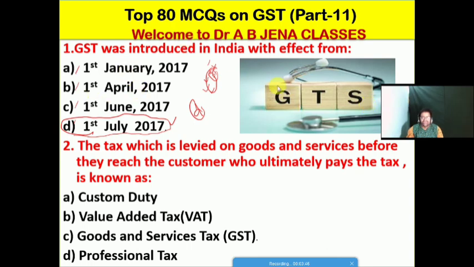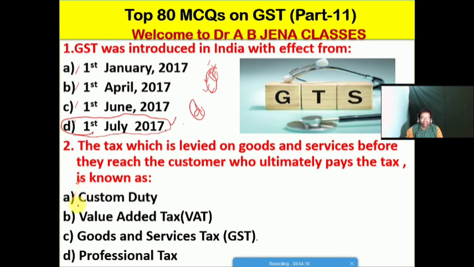GST stands for, friends, Goods and Services Tax. Next, the tax which is levied on goods and services before they reach the customer who ultimately pays the tax is known as what?